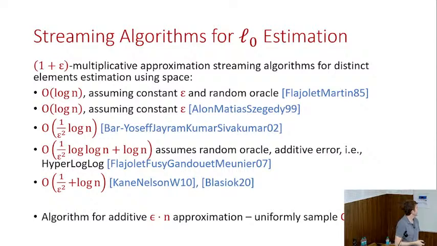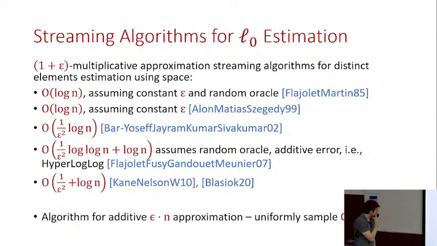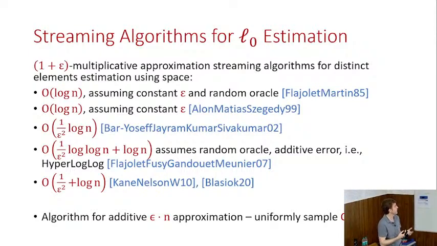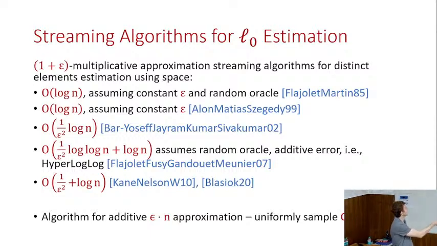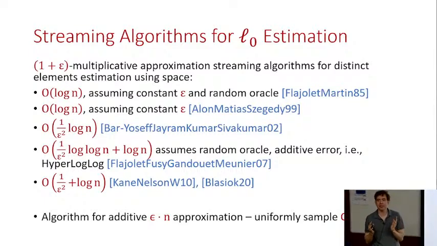Okay, so there's a long line of work on streaming algorithms for estimating the number of distinct elements. Sometimes it's called F_0, sometimes it's called L_0. All these algorithms give 1 plus epsilon approximations to this quantity.